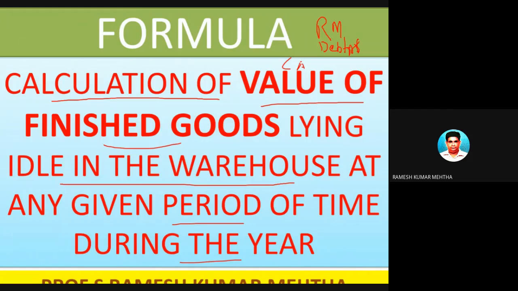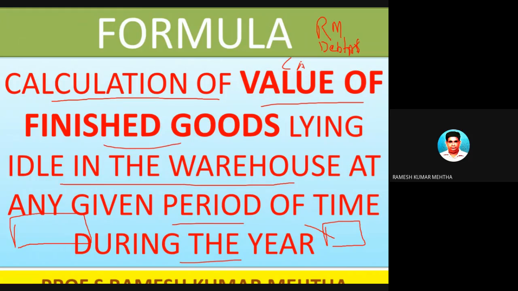So, for example, you go to a manufacturing plant of Tata Motors, and if you go to their warehouse where the finished goods are stored, there is a huge inventory of finished goods which will be lying idle before they are sold to the end customer.